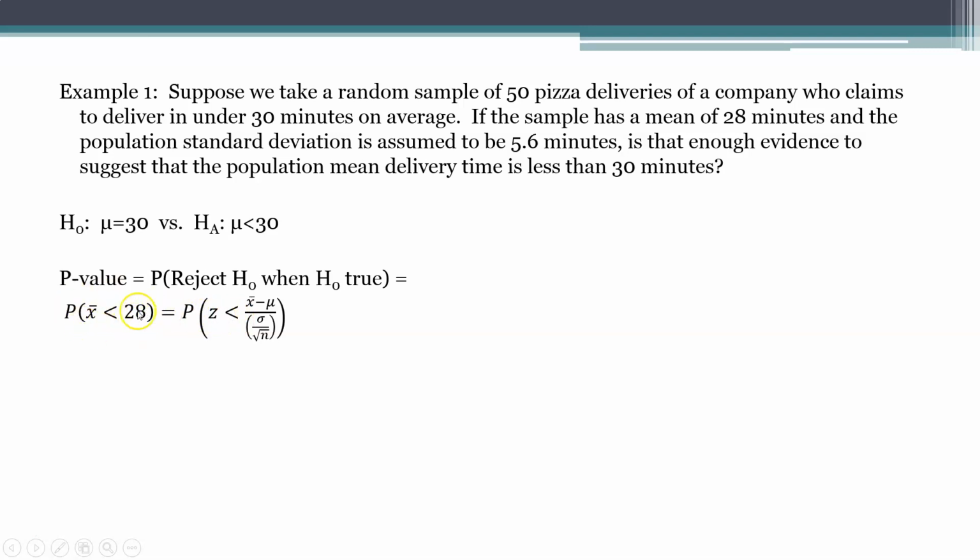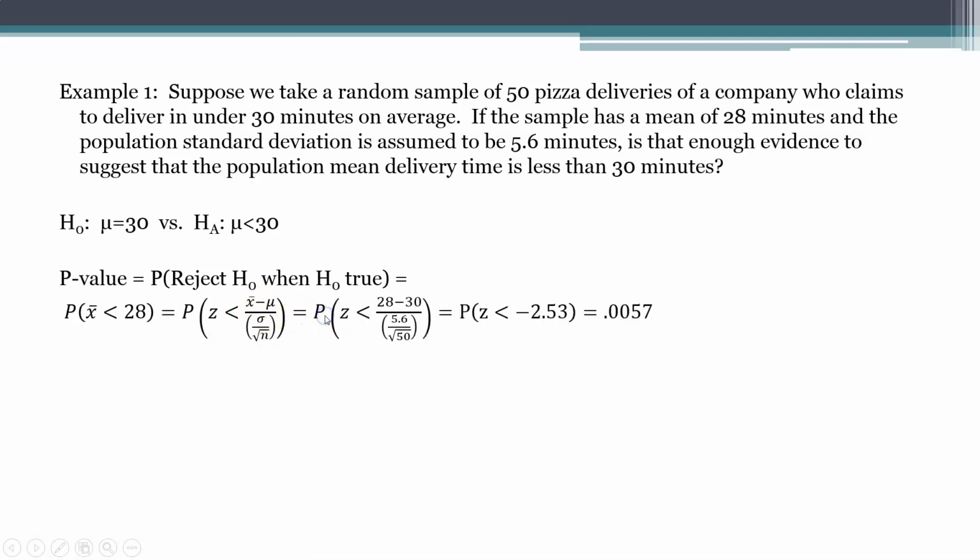So we have a large enough sample to do this. We can assume the normal distribution. So we're going to convert x bar to z using this formula: x bar minus mu sub x bar, which is just mu, over sigma sub x bar, which is just sigma over the square root of n.